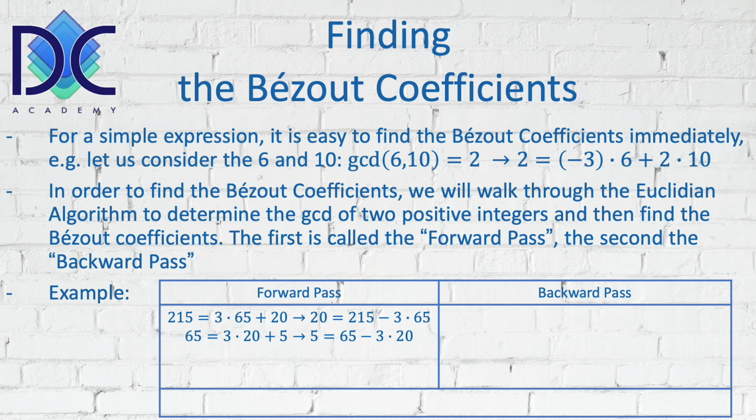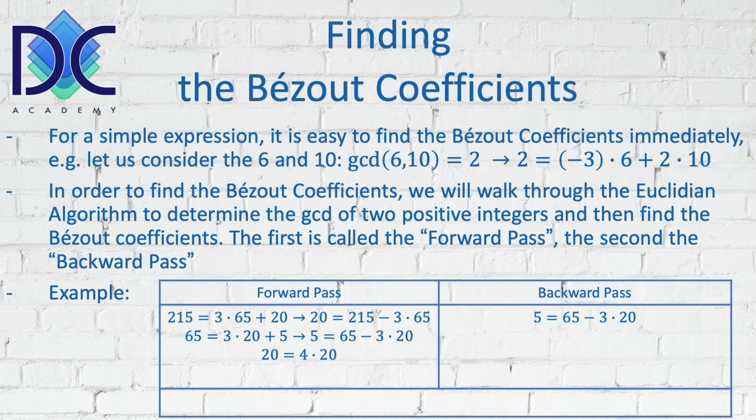We can continue with the greatest common divisor of 65 and 20: 65 is 3 times 20 plus 5. So we have 60 plus 5 is 65, and we can bring 5 to the left-hand side, which leaves us with 5 equal to 65 minus 3 times 20. The last element here is that 20 is 4 times 5, and that's the end of the forward pass.